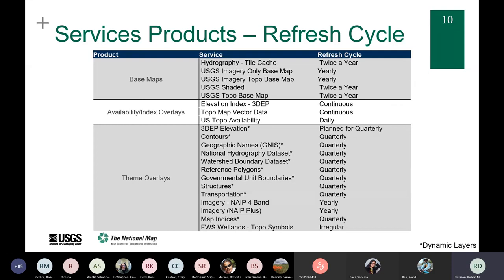Whereas our index services are pretty continuous. As a new product becomes available, it usually shows up in that index within the next day. And these other services, our vector services, we try to refresh quarterly. Changes in hydrography data sets in some of our staged products might get there a little sooner, but they will certainly be reflected in the service on a quarterly basis.